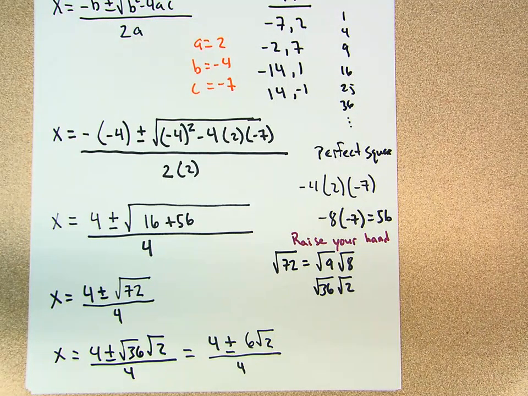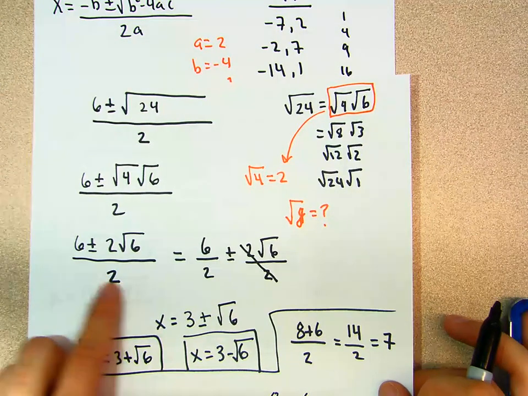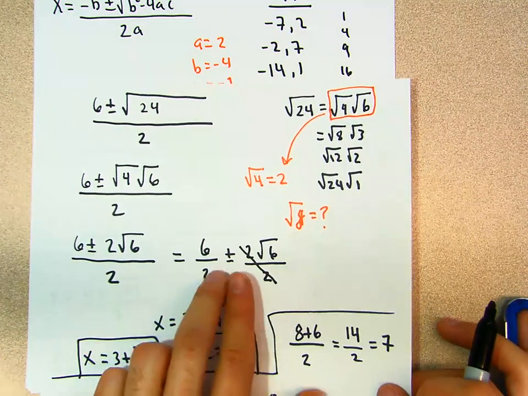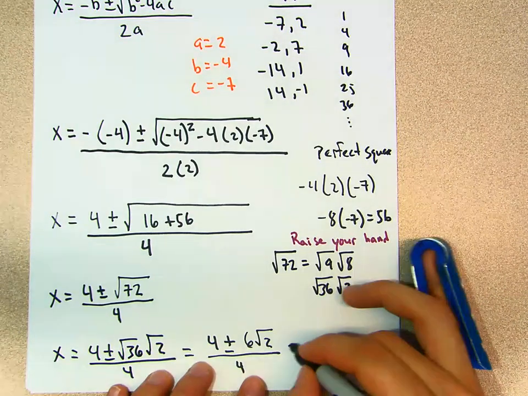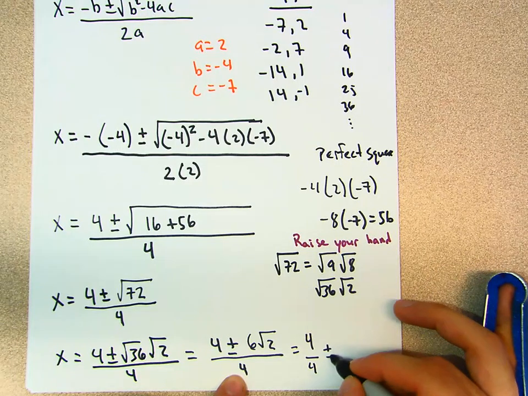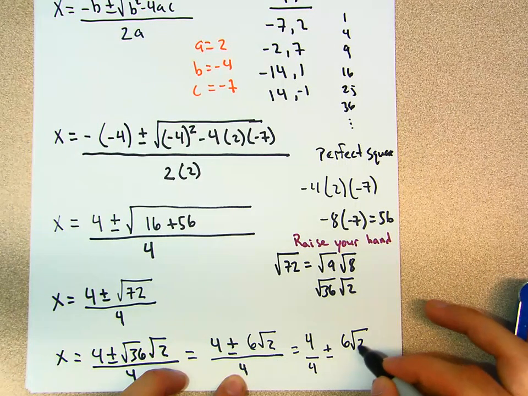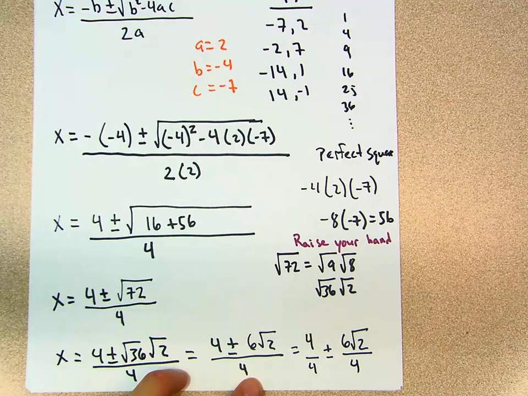And then once we get to this point, we're going to do that same move we did here. If I have this point, what can I do? I could split it. And that's what you're going to do here. You're going to split it. So here, this is 4 over 4 plus or minus 6 radical 2 over 4.